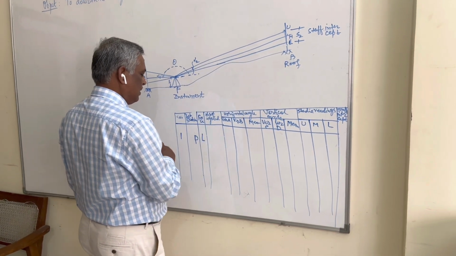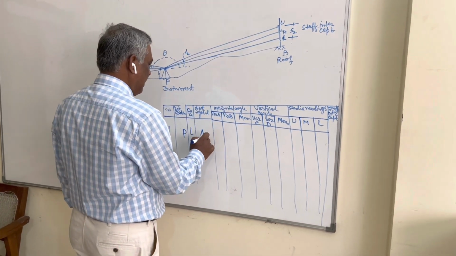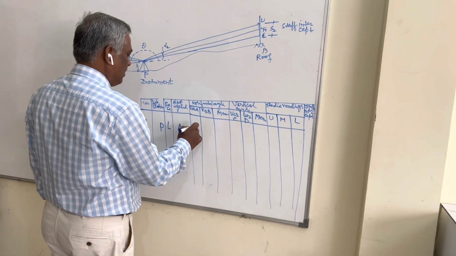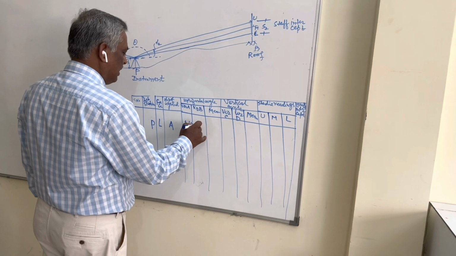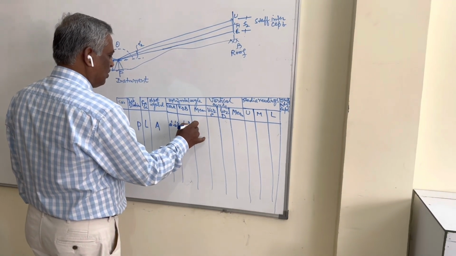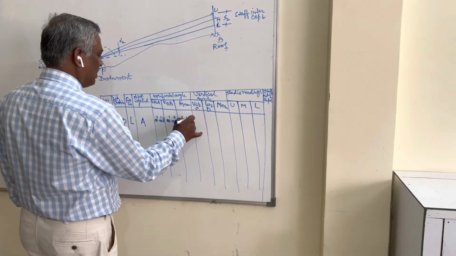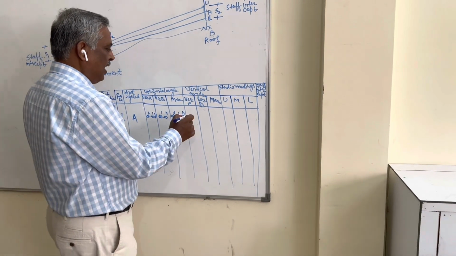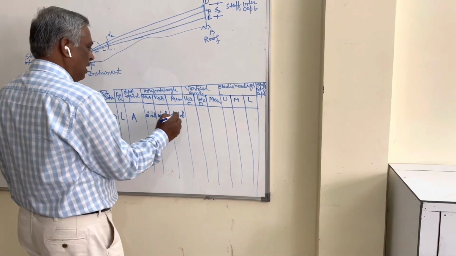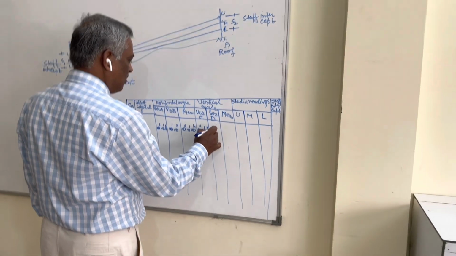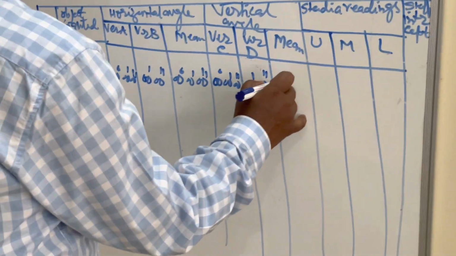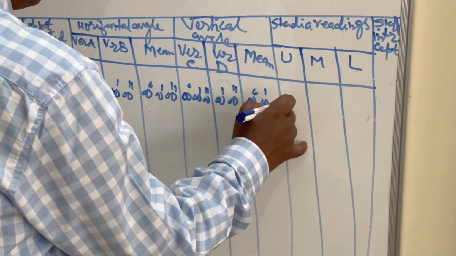Face left, object sighted A, vernier A 0 degree, 0 minute, 0 seconds. Here only minutes and seconds. So 0 degree, 0 minute, 0 seconds. And vertical angle is also 0 degree, 0 minute, 0 seconds.